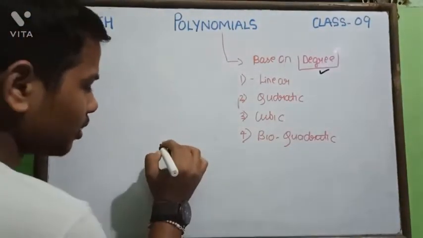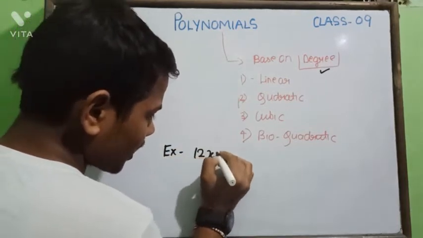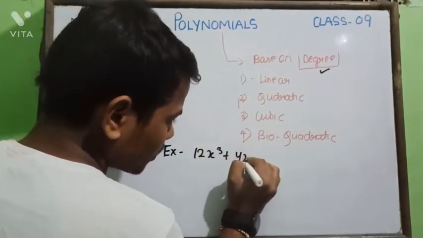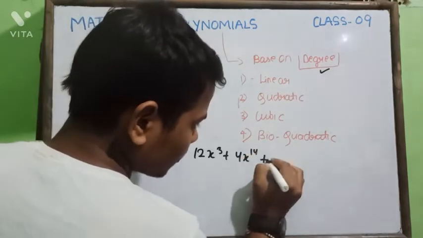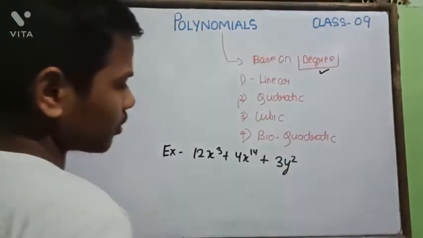For example, you can take 12x cube plus 14x to the power 14 plus y squared.